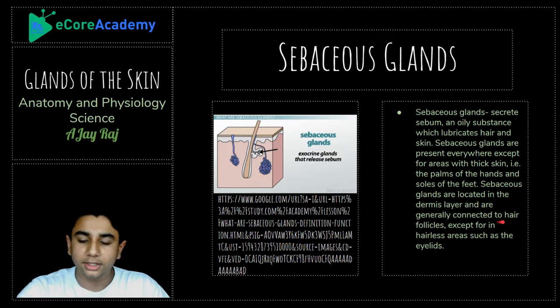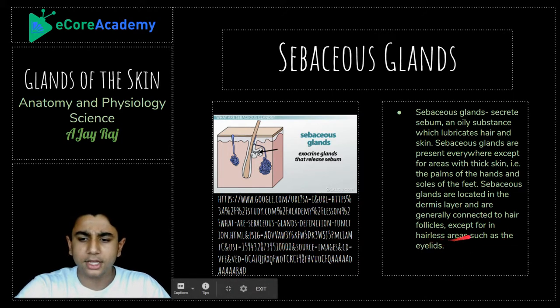It's generally connected to hair follicles, which makes sense because it has to do with lubricating hair, and also stimulates hair growth where the hair follicle is in the dermis. It's located there except in hairless areas such as the eyelids. However, eyelids are not thick skin, they are thin skin. So that's an exception.